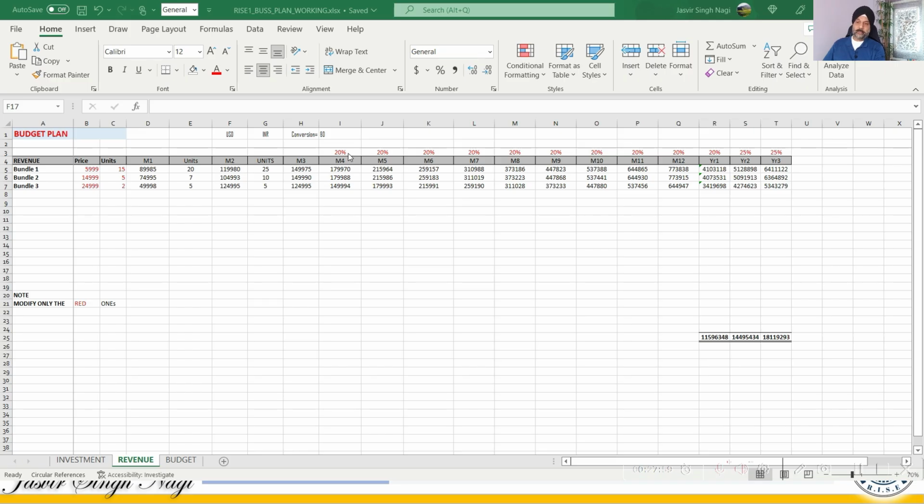So after this level of M2, M3, you put some numbers. If you see these numbers, for month 1 it is 15, 5, 2 for the respective bundles. Then in the 2nd month it is 27 and 5, and then 25 and 5 for the first 3 months.